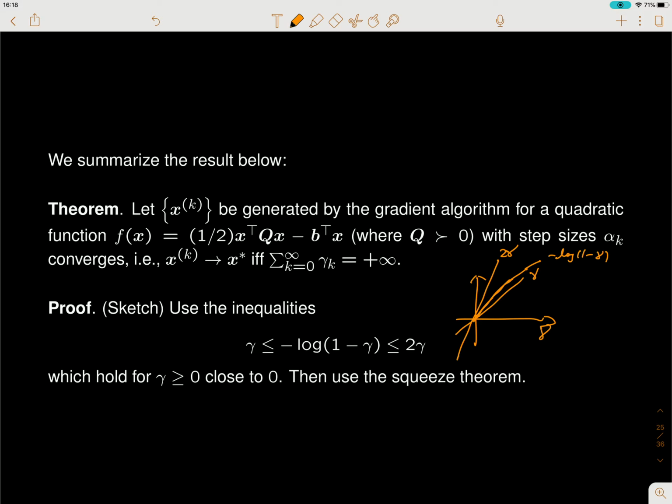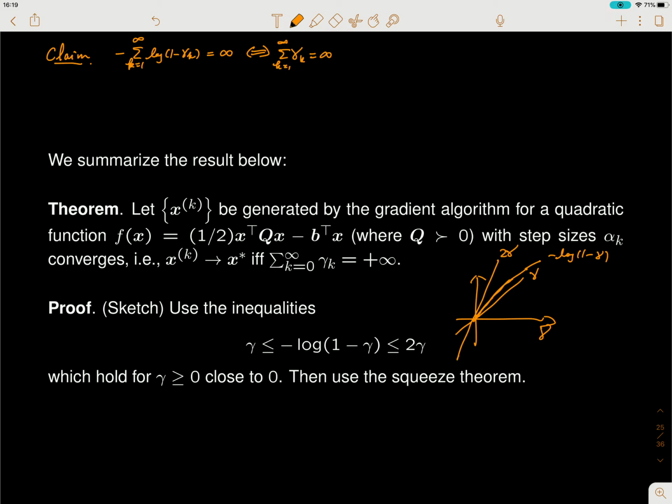This is the claim that I want to make. I want to say that the sum of negative log of 1 minus gamma_k is infinity if and only if the sum of gamma_k is infinity.